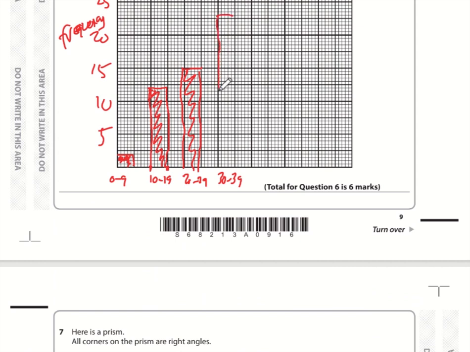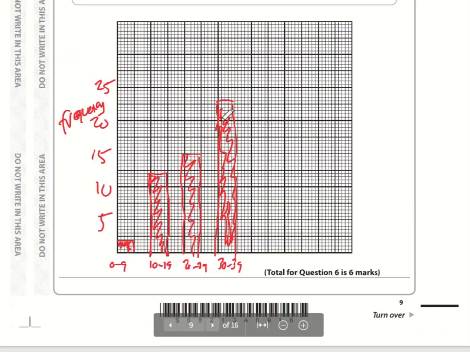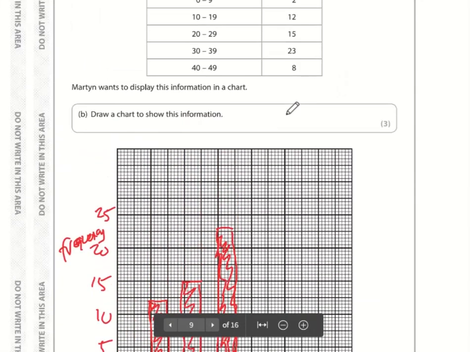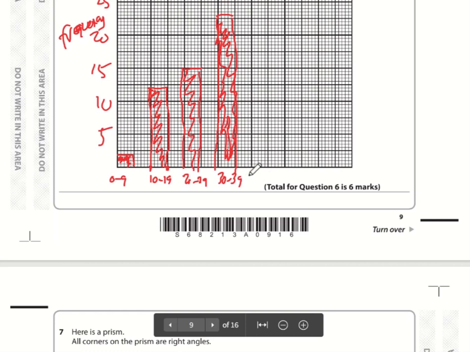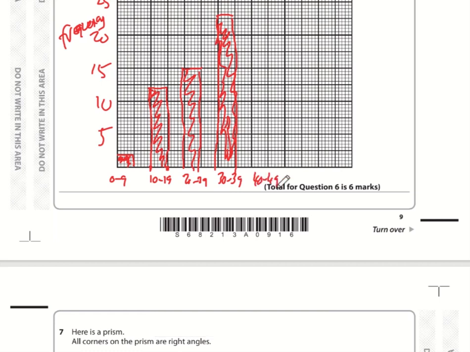And again, would recommend you use a ruler. The shading is optional. 40 to 49, 8. And so that's 4 down from 10. There we go.